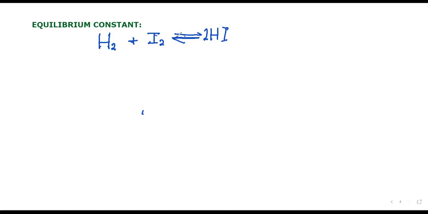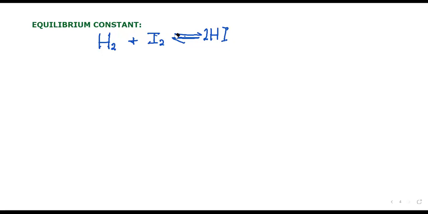Now, if you decide to run an experiment, you would ask what the concentration of hydrogen and iodine is at the start of the reaction. Of course, the product will be zero, because at the start of the reaction you don't have a product. You noted that down, right?